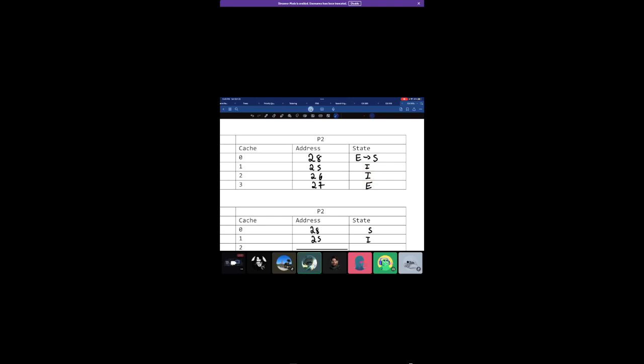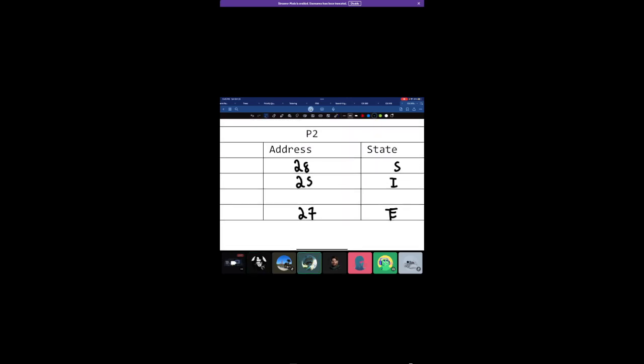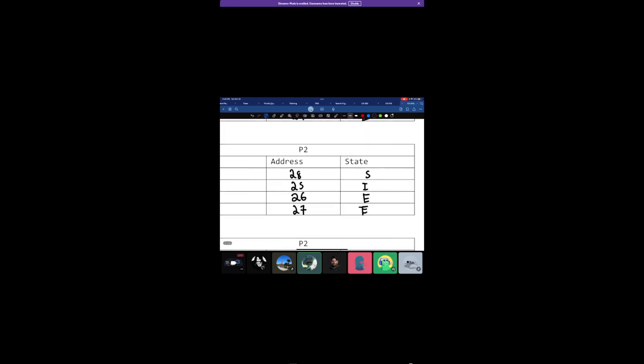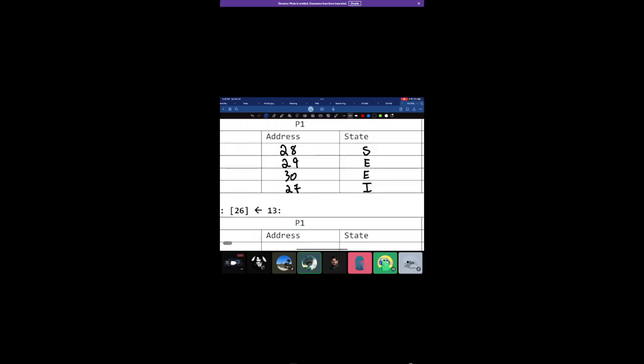So we're going to get a miss, and we have to go to main memory to grab the data in that address and put it into our cache. It's going to be exclusive because we went right to the main memory and got that data. And we see here, no one on the side had 26, so we weren't going to share it. So it should be 28, 29, 30, 27. Shared, exclusive, exclusive, I.